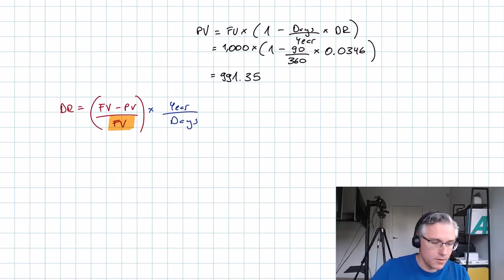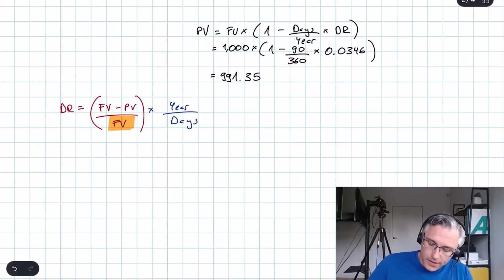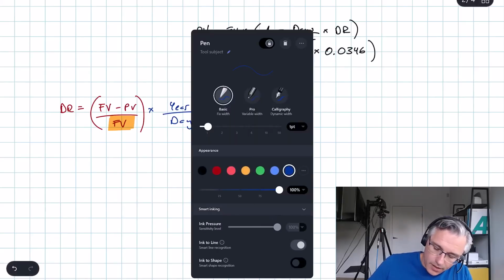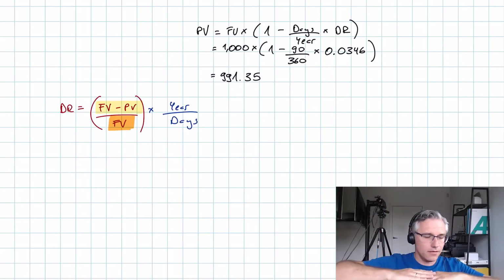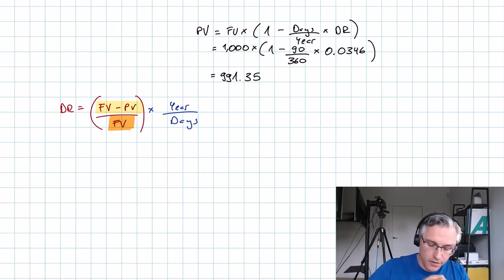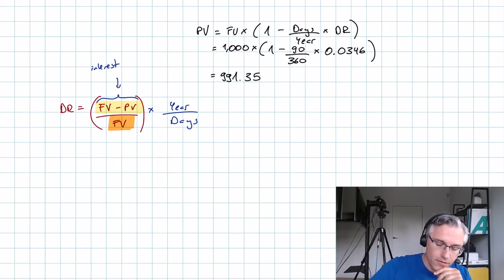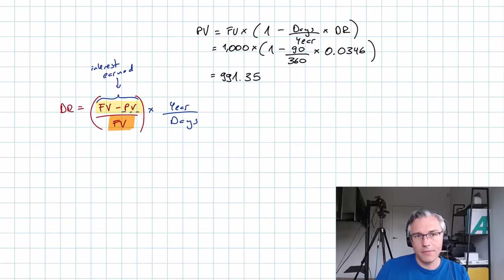Let's explore this a little bit further. First of all, in the numerator, FV minus PV, that's effectively your interest earned, how much you earn on a money market investment. The difference between the price at which you buy it, the PV, and what you walk away with at the maturity date, the face value.